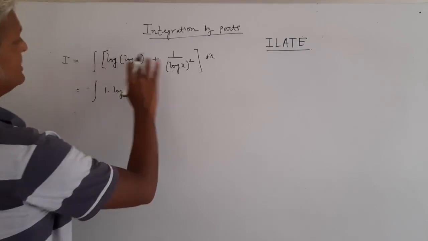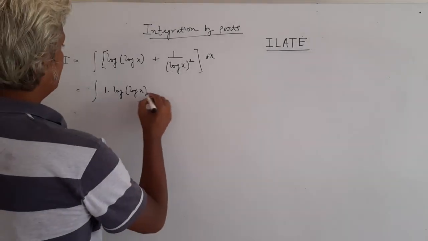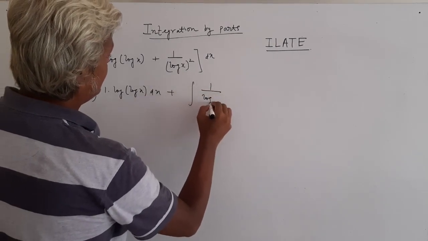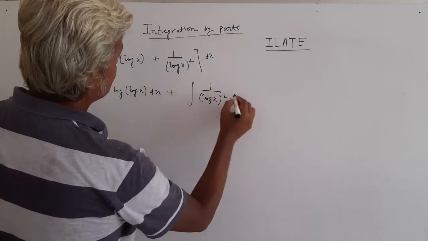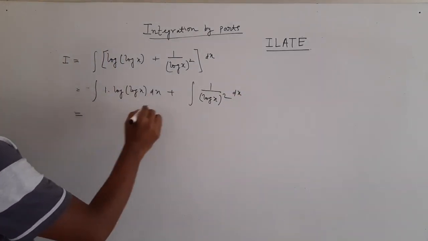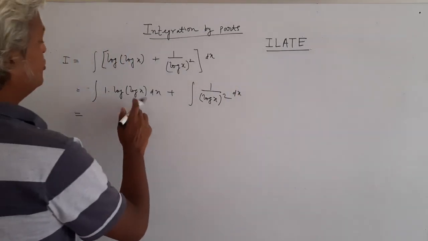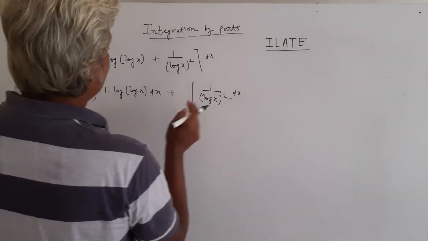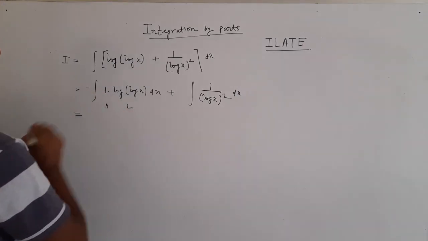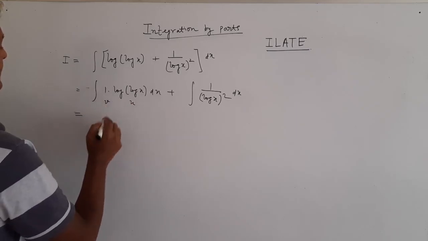And mind you, in all these cases the base of these logarithms is e, that is, the natural logarithm. dx plus the integration of 1 over log x whole square dx. Then I apply the rule of integration because L has the higher order of preference, so log x will be my u and the 1 will be my v, because LA, this is a logarithmic function and this one is an algebraic function. So this is my u and this will be my v.